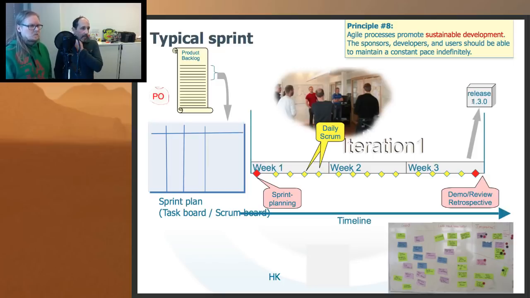And then the other one is a retrospective, which is the team's internal meeting for discussing how things went in this iteration or sprint. Did we work well? Is there something we need to change in the way we work? Maybe we do the backlog in a different way in the next sprint.